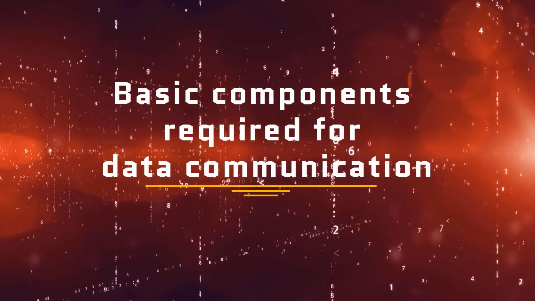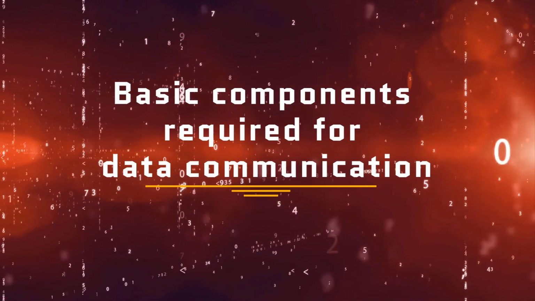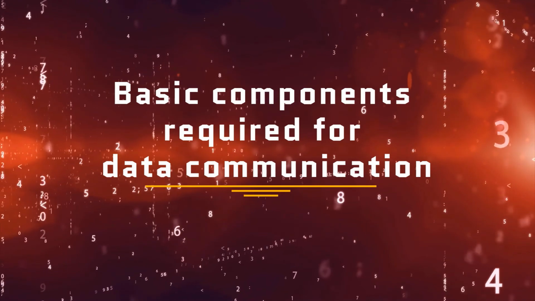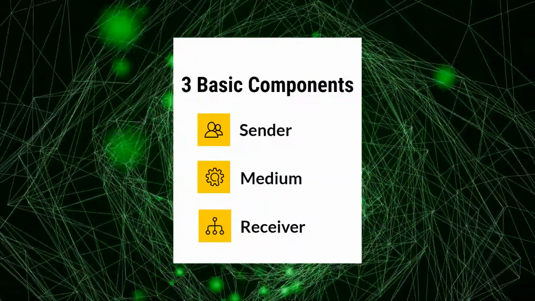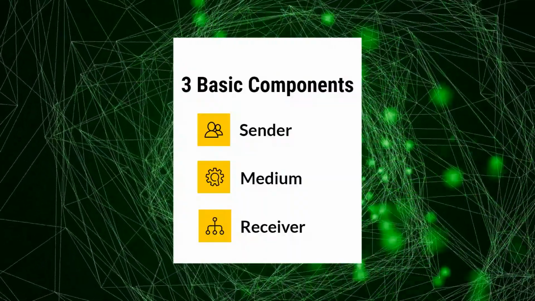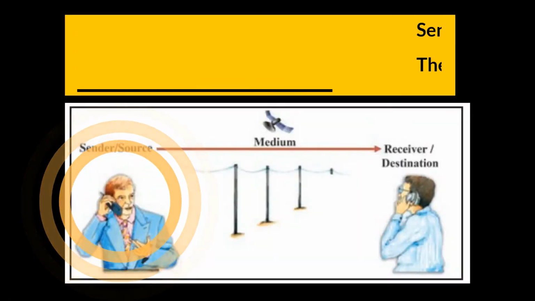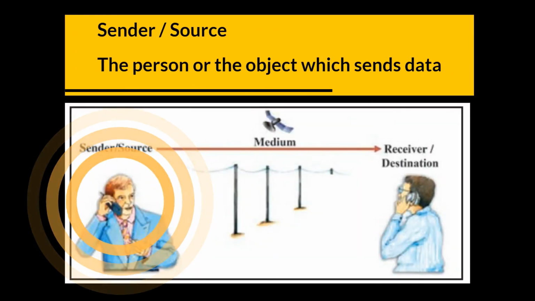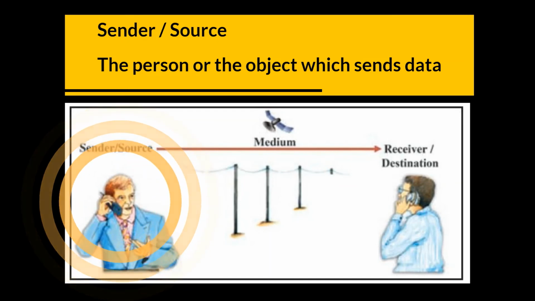Let's learn about the basic components required for data communication. The three basic components include sender, medium, and receiver. Sender or the source means the person or the object which sends data.